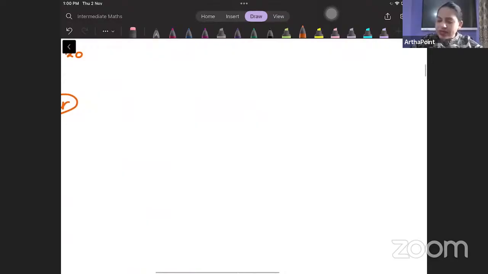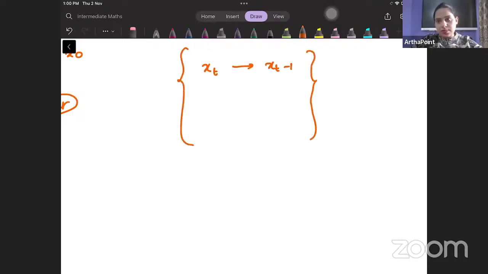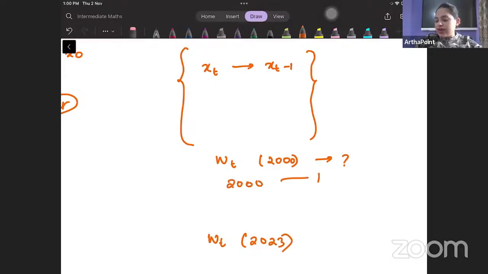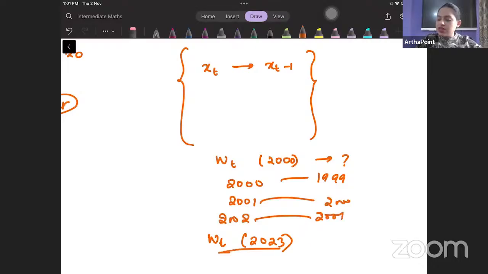Yes, this I already know: xt is linked to xt minus 1. But we saw that this is a very long process. If I tell you your wealth in period 2000 was so much, and I ask you to find the wealth in 2023, you can't link 2001 to 2000, 2002 to 2001, and so on.